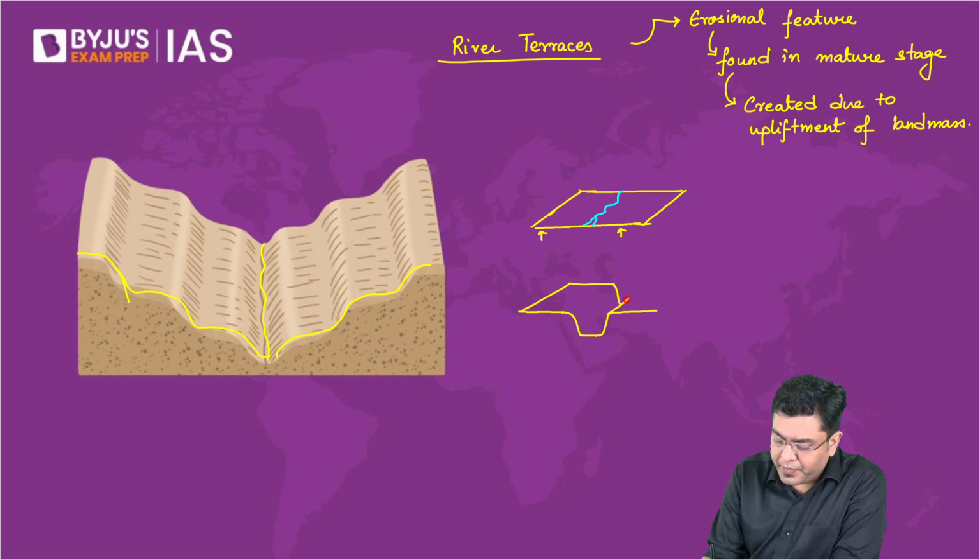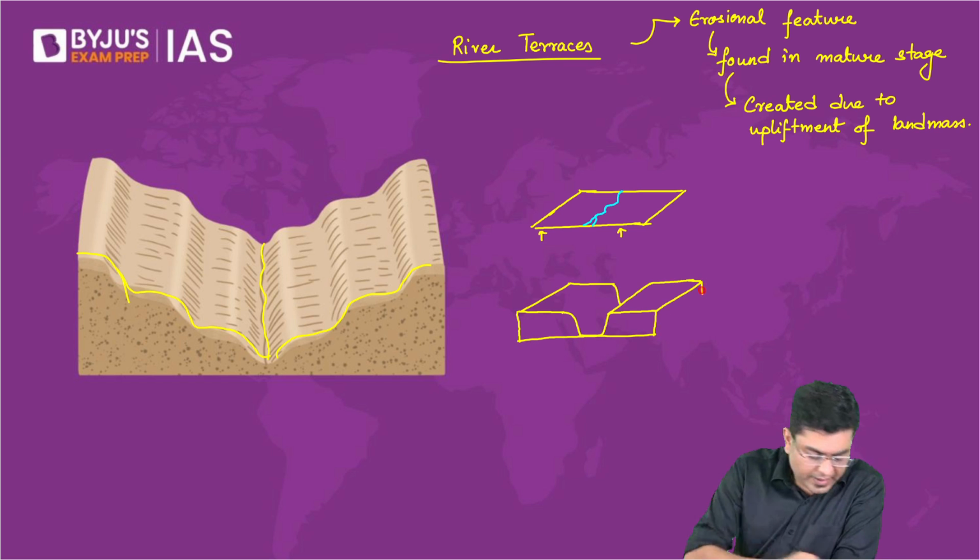Okay. The river will continue its movement where it is. So, you will observe a kind of a landmass somewhat like this. And the river is moving here in this area.